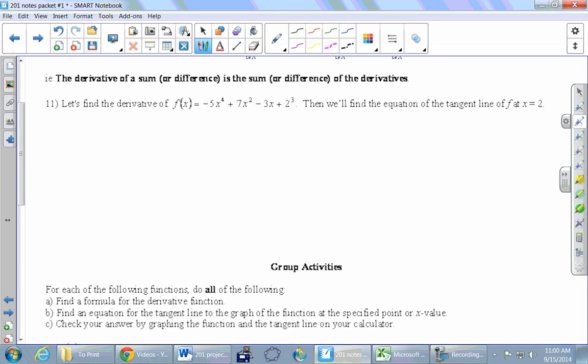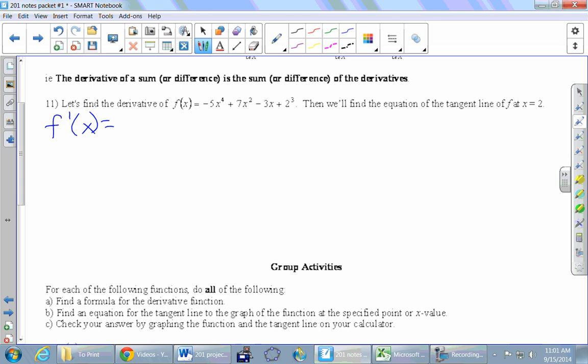So first, good notation. How do I write the derivative with f of x? So we're not going to do the d over dx. We're going to do the one that has the f of x notation in it. F prime of x. Okay, good. Okay, so now we're going to take our derivative. What do we do with that negative 5?